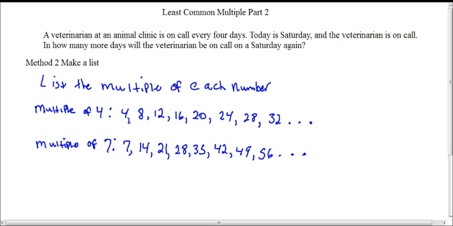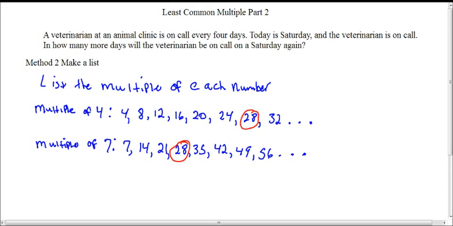So I'm looking and I'm comparing, and I see 28 and I see 28. And that number comes before any other number. There could be other multiples, but 28 is the first number that appears in both lists.